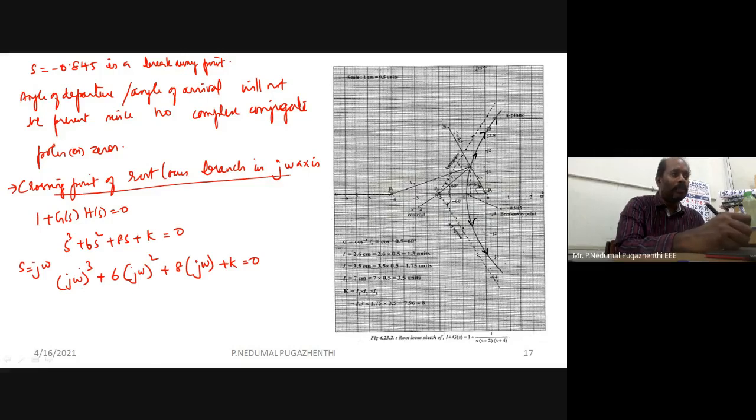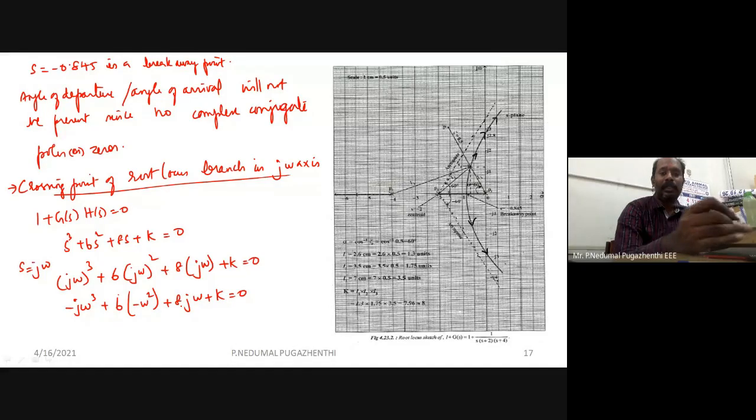So if I take the cubic value, square value and all, I will get omega cube will be the same. j into j will give you minus 1, into j will give you minus j. So minus j omega cube plus 6 the same, but here it will be omega squared. j squared will be minus 1. So minus 6 omega squared plus 8 into j omega plus k is equal to 0. So what you try to do is segregate your imaginary part and real part separately.